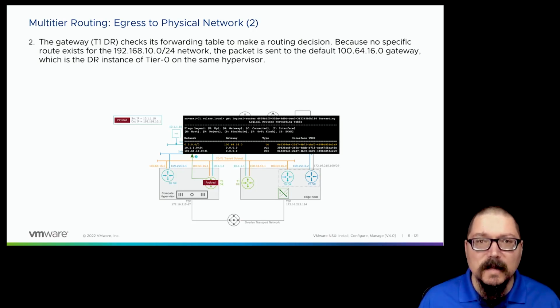And that distributed router is going to look at its forwarding table when it receives that packet, and it's going to look and say, oh, well, if I want to get to 192.168.10.anything, I have to go to my default gateway. That's going to be the closest match, the 0 route on the tier 1 distributed router.